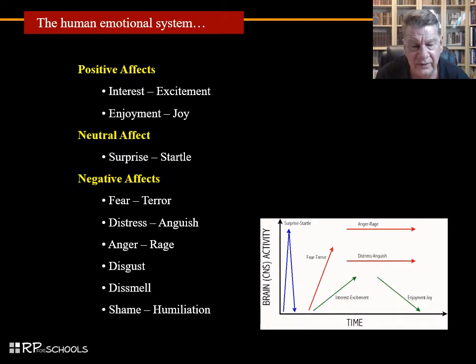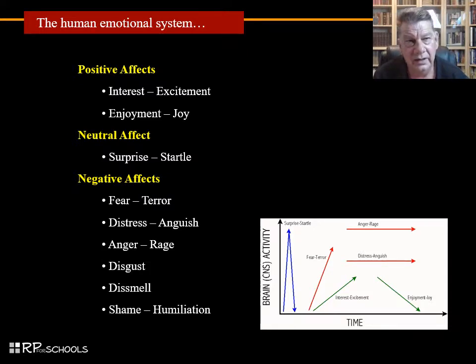So many of these affects are triggered by an absolute level of stimulus coming into the body. Interest, excitement, for example, is triggered by an increase in stimulus, an increase in central nervous system activity. So the simplest way of explaining this is to say, well, as somebody is telling you a joke, you're engaged and you're trying to work out where it's leading, what the punchline is.